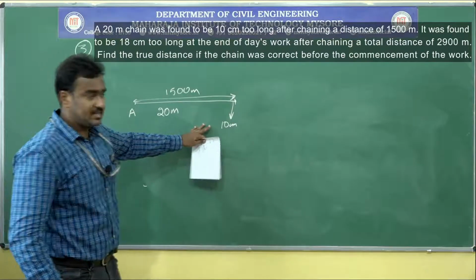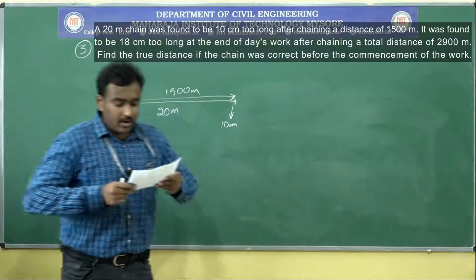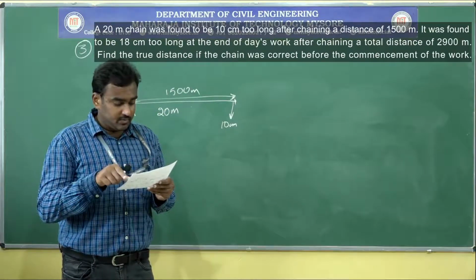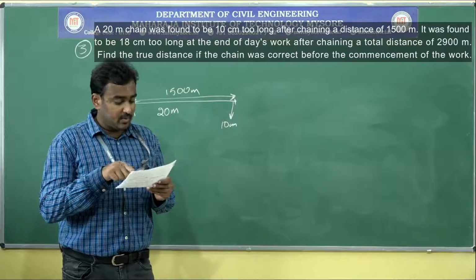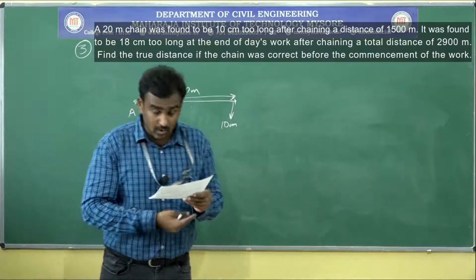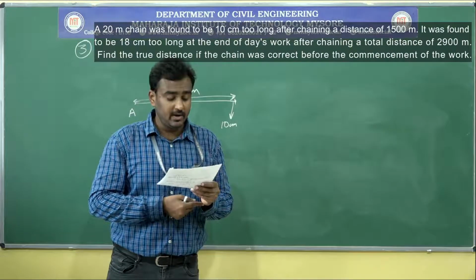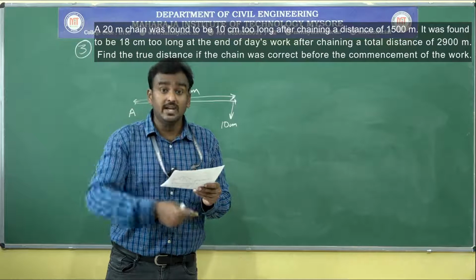Let us keep this as it is. Let us read out the complete problem. It was found to be 18 centimeter too long at the end of the day's work.